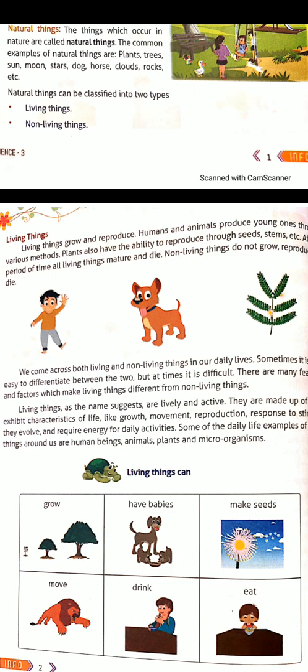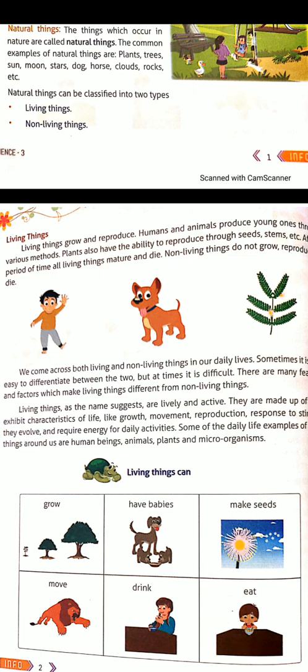Then do human beings reproduce? Yes, human beings reproduce. You are born to your parents. Your parents are born to your grandparents. So this shows that human beings are reproducing. Okay, so that condition is also done.